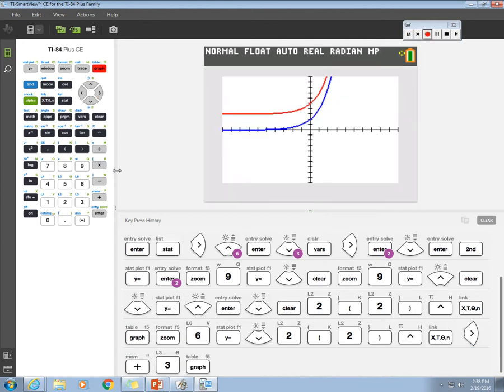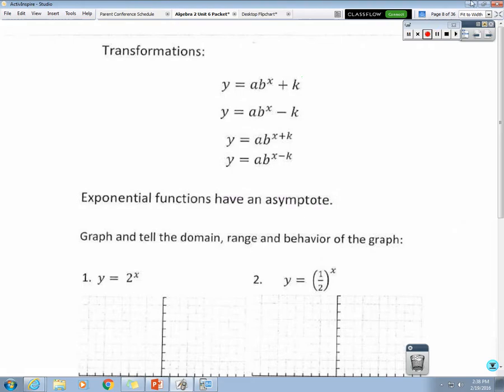What happened? It went up 3 units, right? So when they say plus k, that's up k units, right? So when they say minus k, what would that be? Down k units.